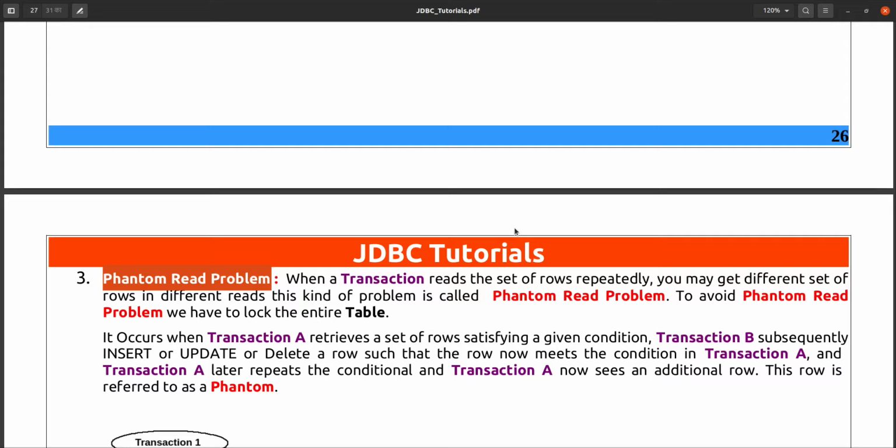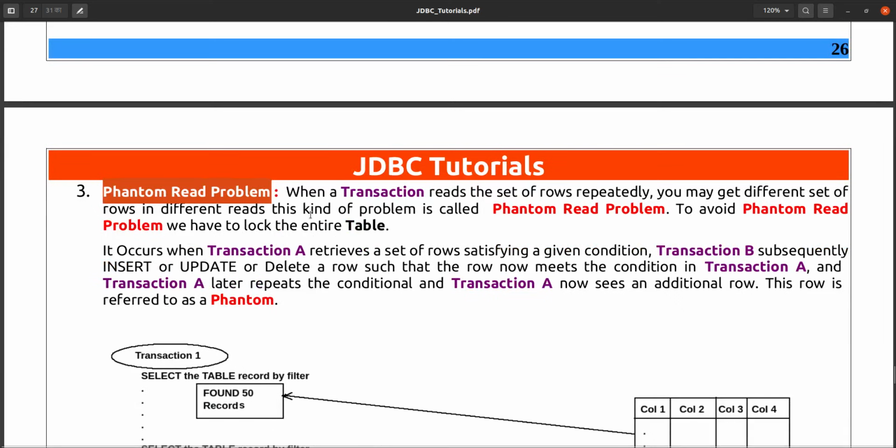We get some records, 8 records, 100 records or 5000 records. But the first time we filter, we get 5 records. Next time we filter, we get 10 records. How? So this is called the phantom read problem.